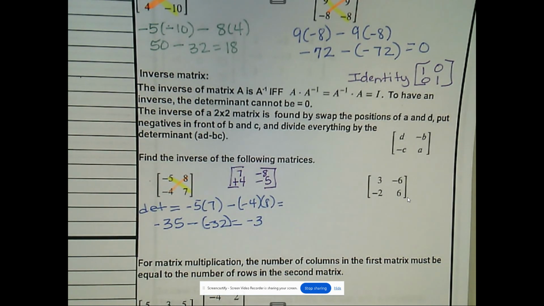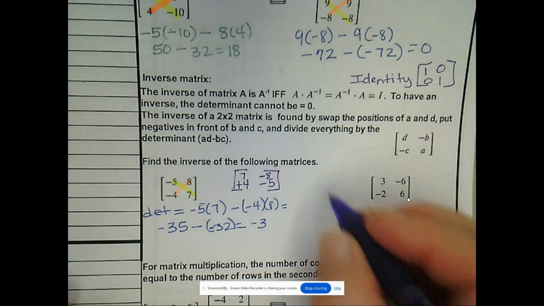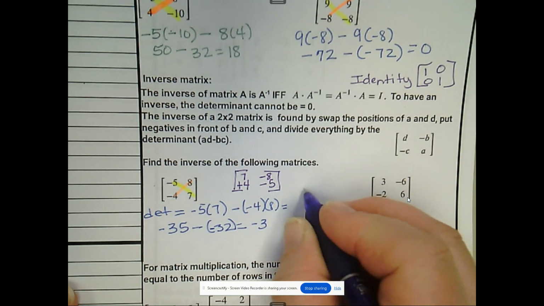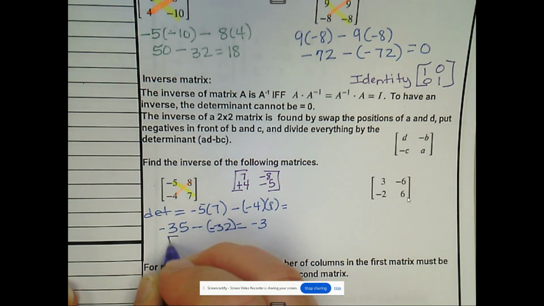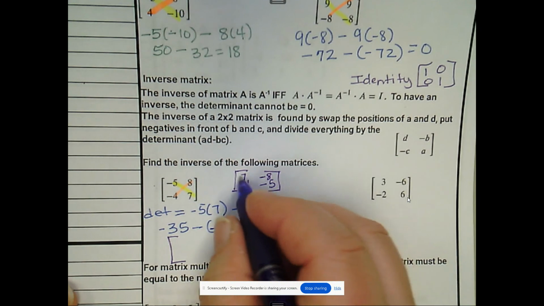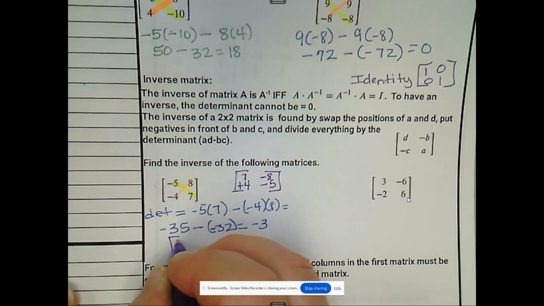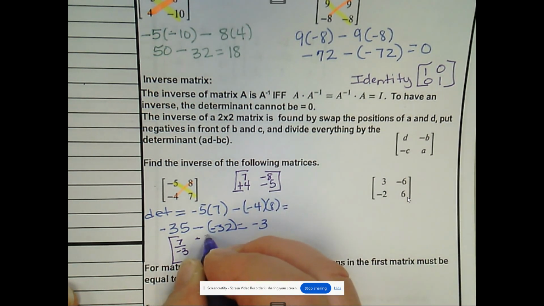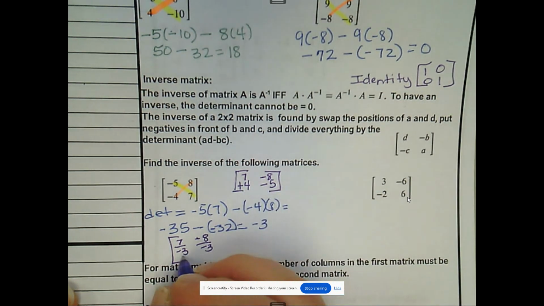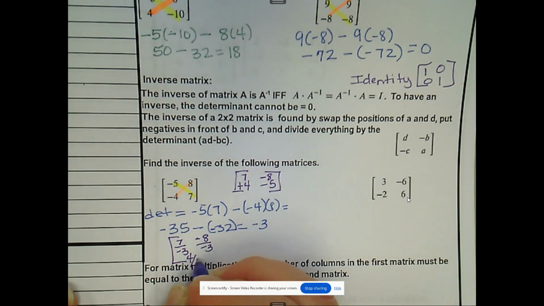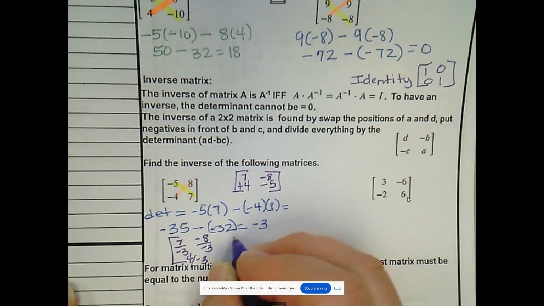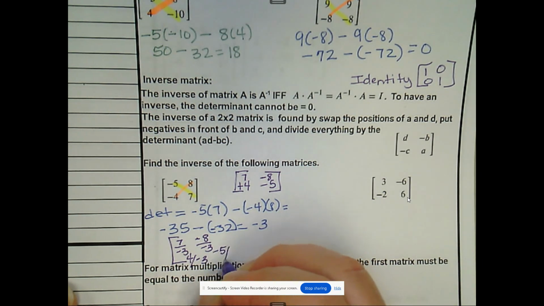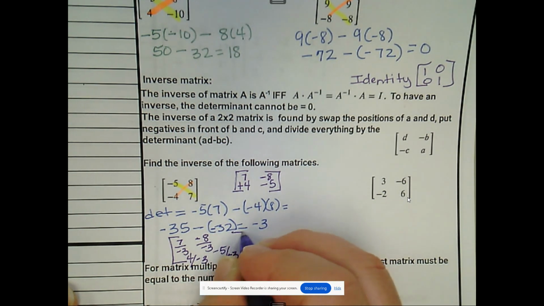Now, we divide everything by 3. 7 divided by -3. -8 divided by -3. 4 divided by -3. -5 divided by -3.